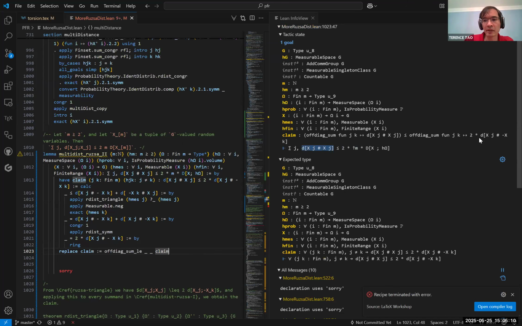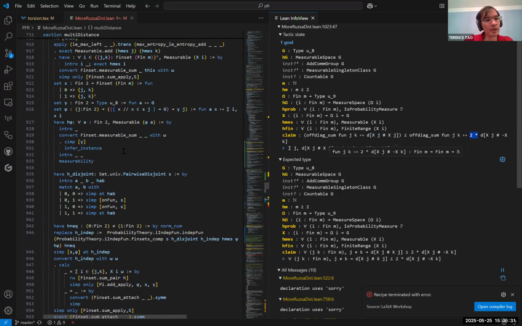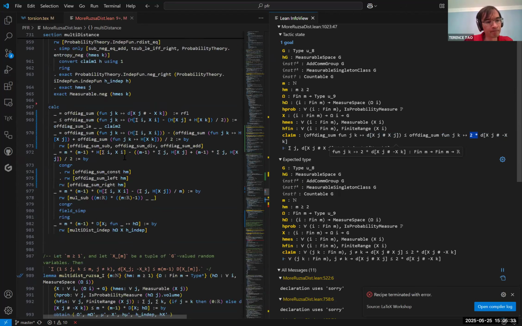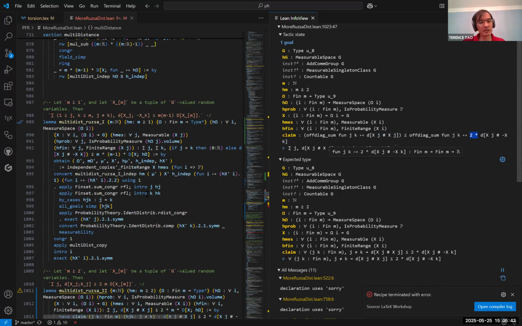All right, so I've got this claim. Now the way I want to use this, on the other hand, I have this other lemma, which is that this sum is bounded by m times n minus 1 and dk.